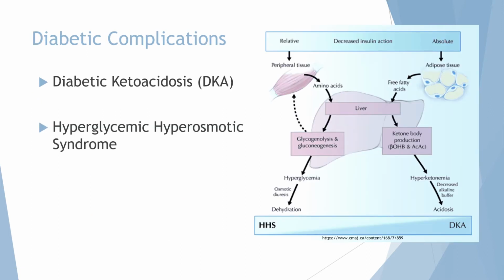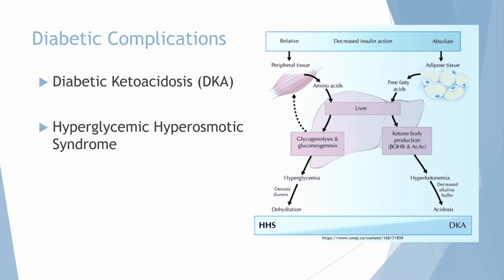Diabetic complications are classified into acute and chronic, and in acute complications there are diabetic ketoacidosis and HHS, or hyperglycemic hyperosmotic syndrome. Diabetic ketoacidosis is when the body breaks down fat too fast because the glucose cannot be used as the major source of fuel.